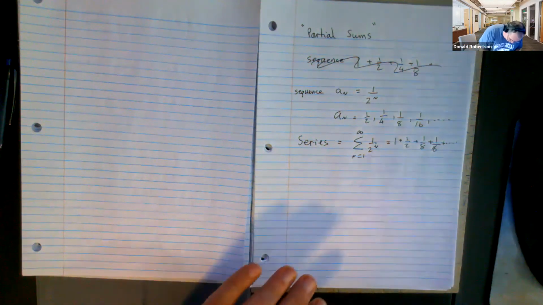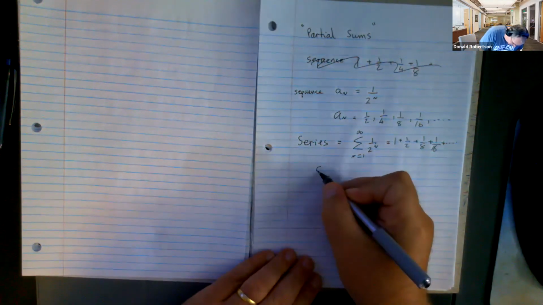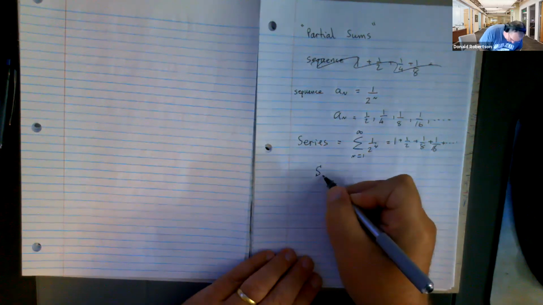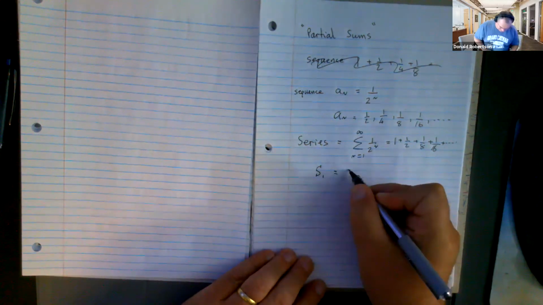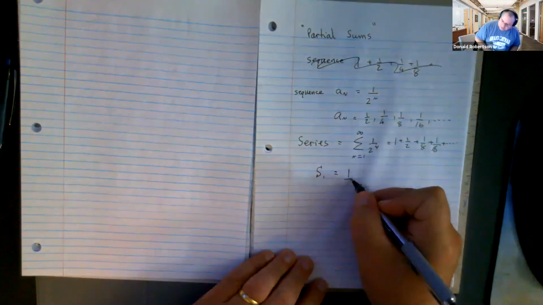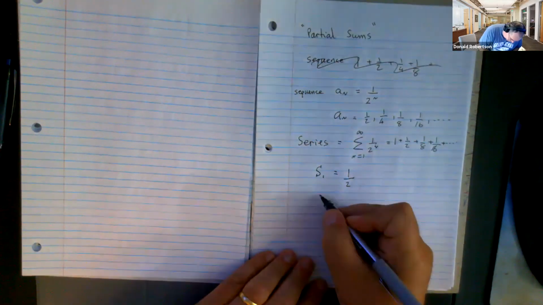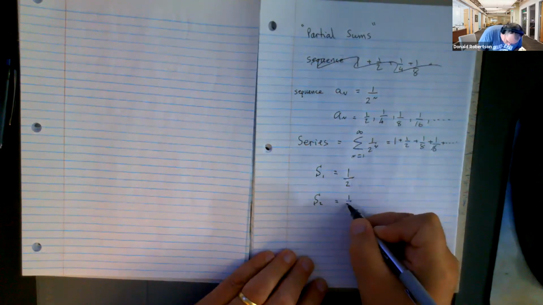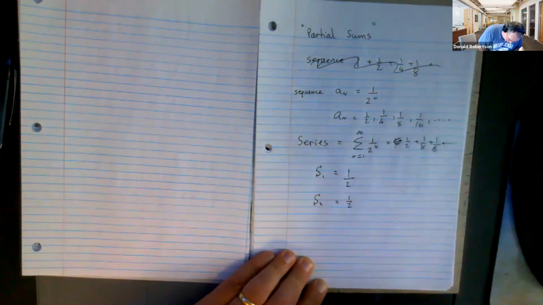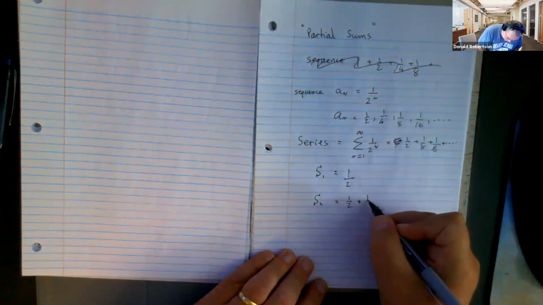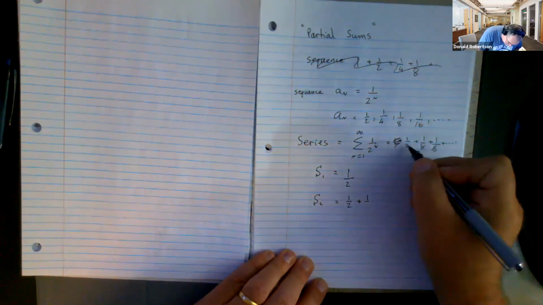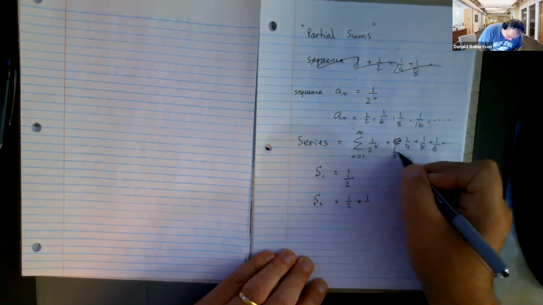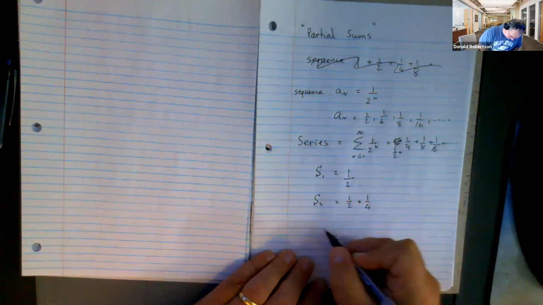Yes. We call those guys partial sums. So here is partial sums for you. They're called capital S, little 1. That's what you get when you add up the first number. It's a half. Partial sum S2 is what you get when you add up the first two terms.